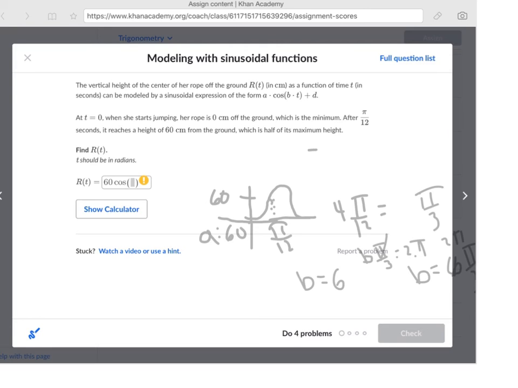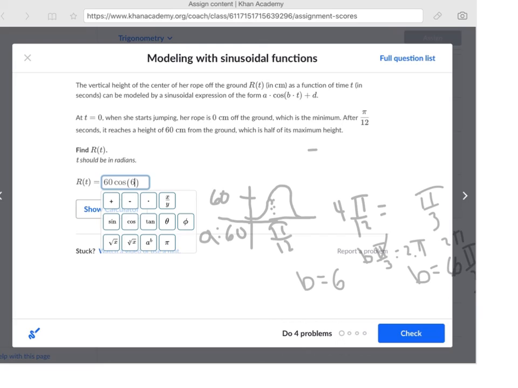I need the keyboard though. 6, and we got to use the letter T. And then plus 60. And if all goes well, we'll get our friend the sound again.